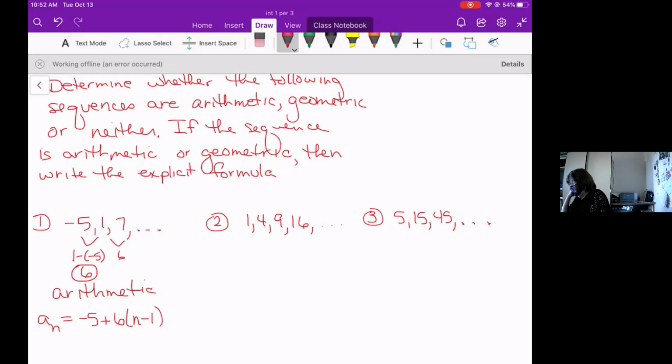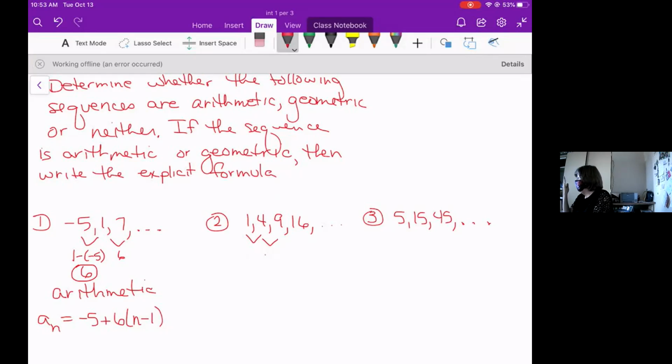Now, let's look at the next one. Let's start with arithmetic. What do I add to 1 to get to 4? 3. If I go 7 plus 3, do I get 9? Nope, so it's not arithmetic. Let's look at multiply. 1 times what will give me 4? 4.